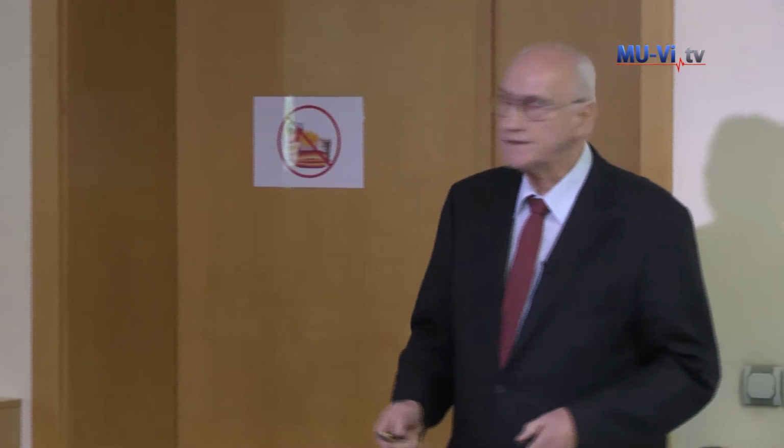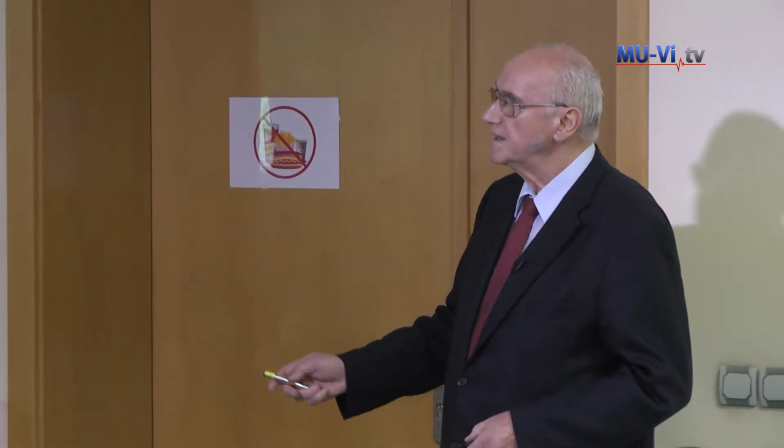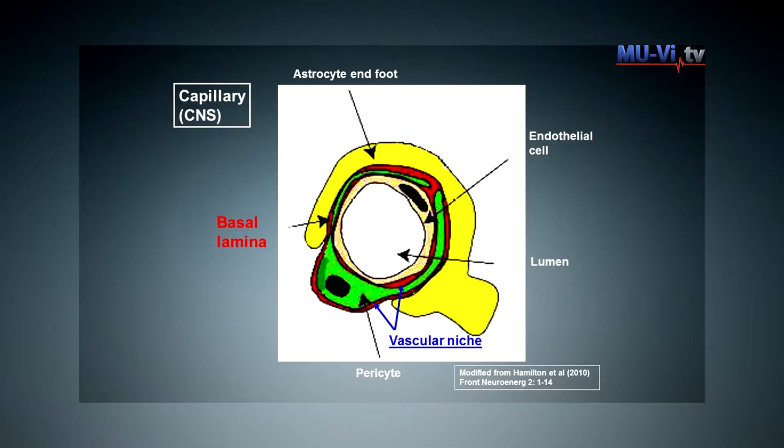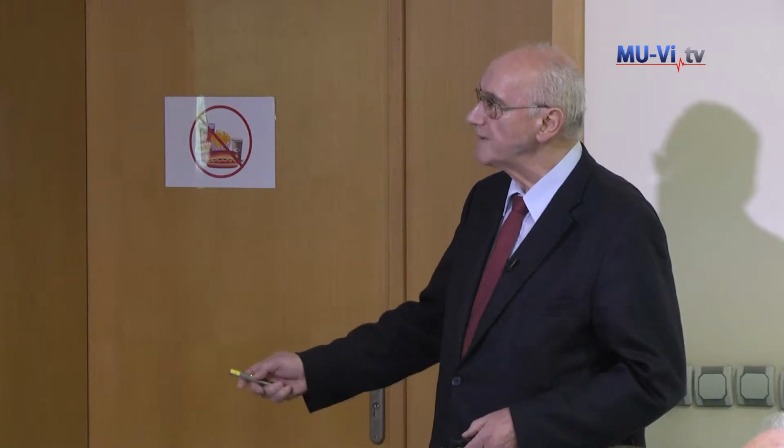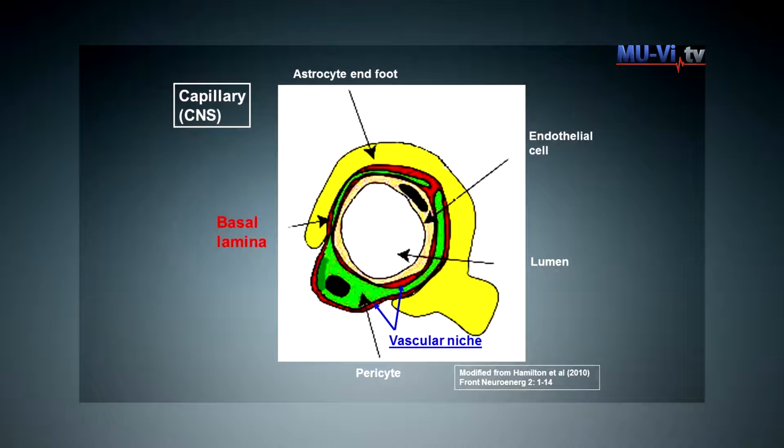Schematically, this picture shows a capillary from the central nervous system. You see a lumen, and this lumen is covered by endothelial cells. The endothelial cells have a membrane, and this membrane divides and surrounds an additional realm, which is called the vascular niche.